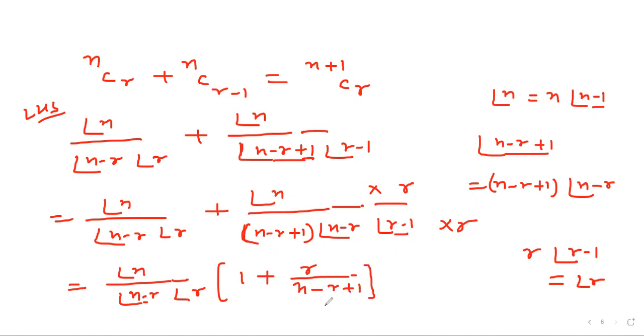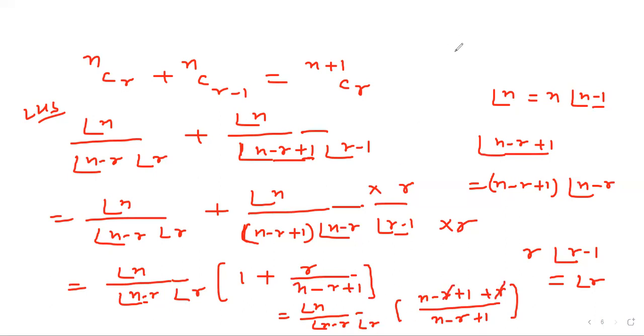Now we take LCM. So what do we get? We get factorial N upon factorial (N minus R) factorial R, times (N minus R plus 1 plus R) divided by (N minus R plus 1). Now R will cancel out.